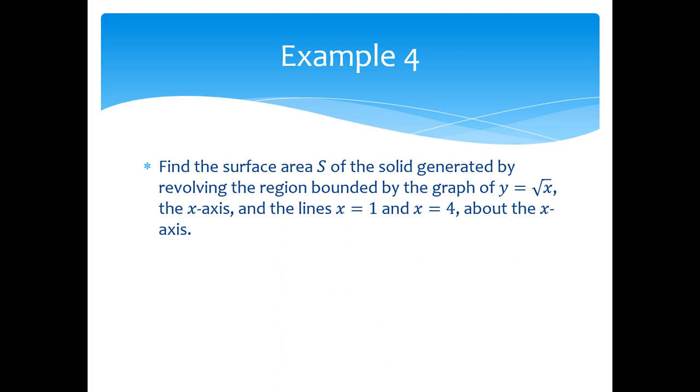So we want to find the surface area of the solid generated by revolving the graph of y equals square root of x, the x-axis, and x equal to 4. So first we have a surface and we want to find the surface of revolution.